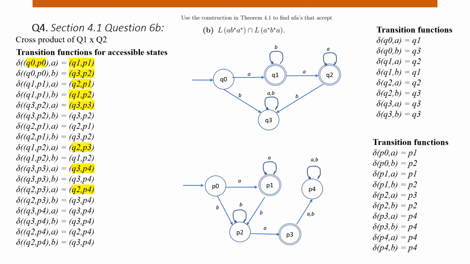So to do the cross product of these two, we start out with the first initial state, Q0, P0. From Q0, P0, so from Q0 with an A, you're going to go to Q1. And from P0 with an A, you're going to go to P1.